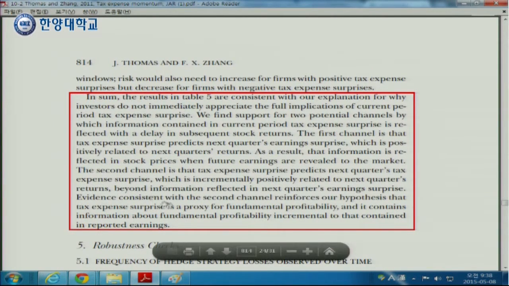Evidence consistent with the second channel reinforces our hypothesis that tax expense surprise is a proxy for fundamental profitability. So, sustainable profitability. And it contains information about fundamental profitability incremental to that contained in reported earnings.